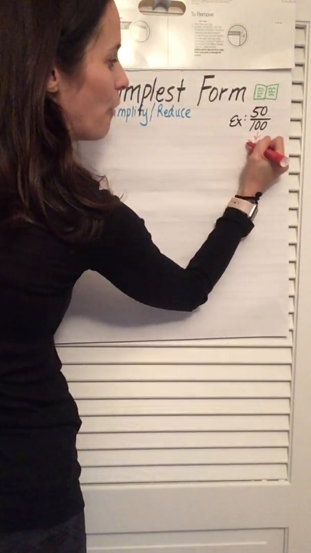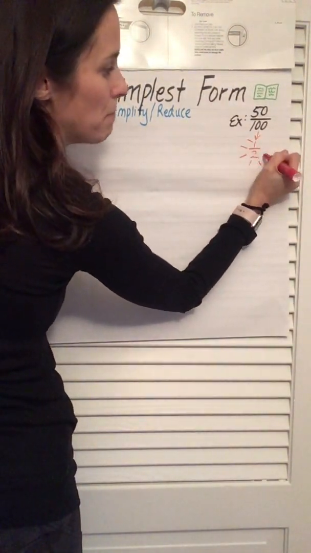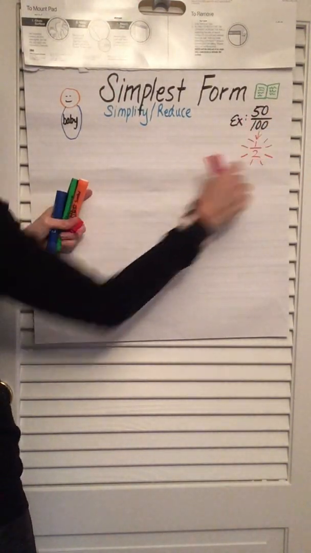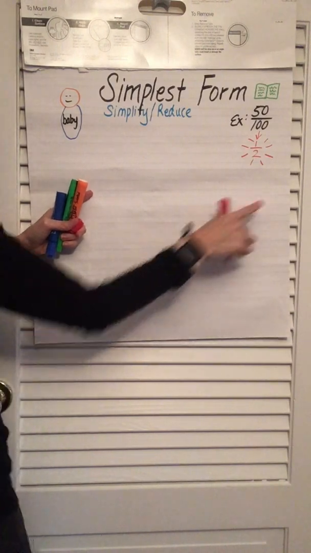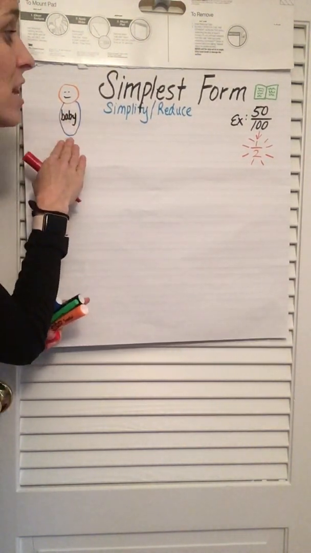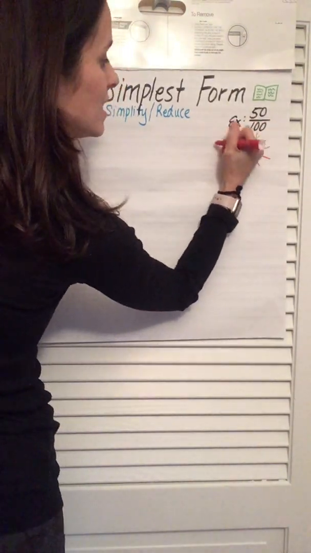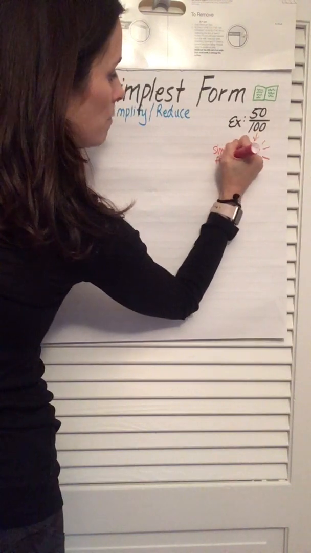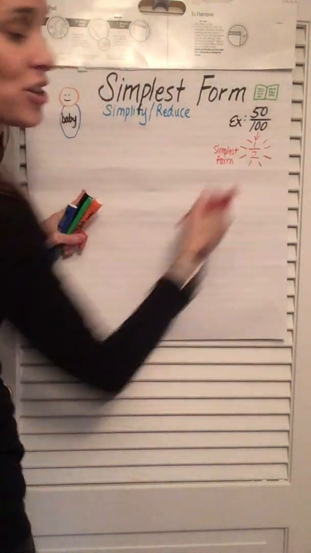And do you see how half is a much simpler, reduced way of saying 50 hundredths? Okay, and so that's why I call it the baby fraction. That is not a math term. The math term is that this would be the simplest form, or the reduced fraction.